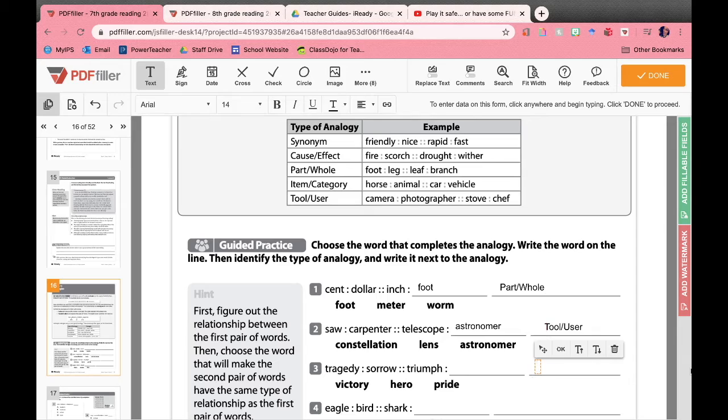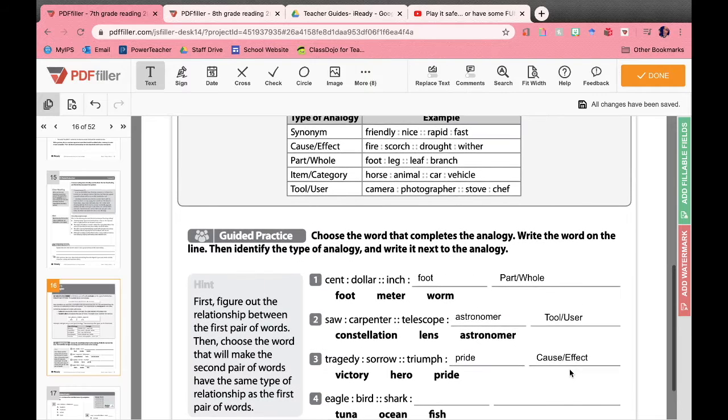It's going to be cause and effect. The cause is tragedy, the effect of that cause is sorrow. So, if triumph happens, which one of the following is the reaction to that, or the effect of that? Victory, hero, or pride? Well, sorrow is a feeling, so which one of these is a feeling? Pride. So that's the only answer that fits there.